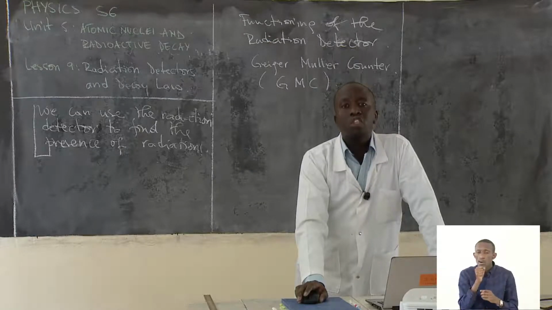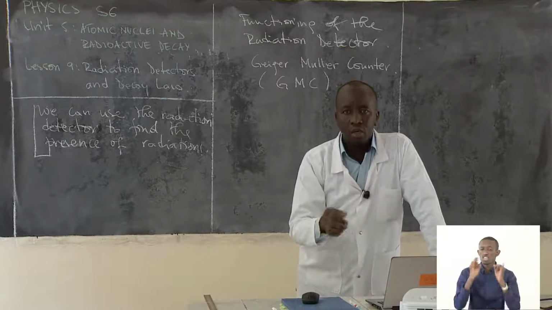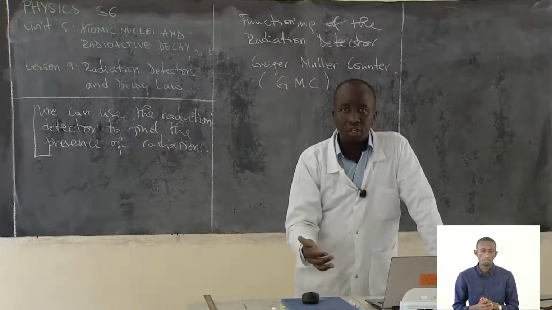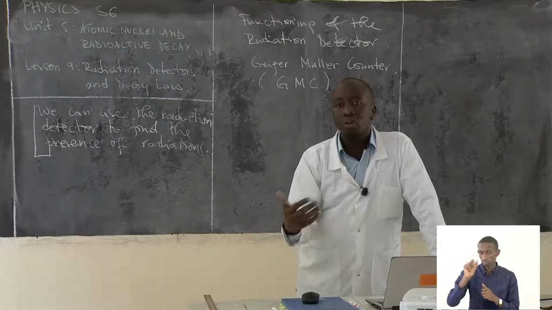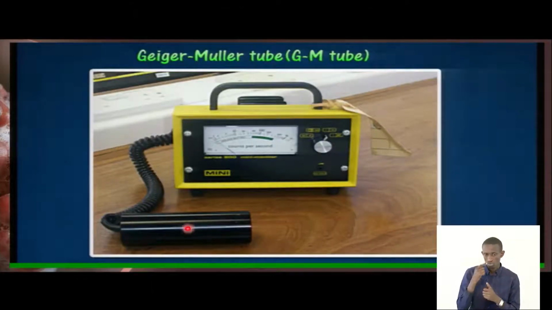The speaker is only to tell you whether there is this radiation. So when there is a presence of the radiation at a given place, and you bring this device closer to the place where you think the radiation is going to appear, the radiation will enter, and then there will be an indication here, and you can hear the clicks from the speaker of this device. Do you understand? So this is the device that we have.